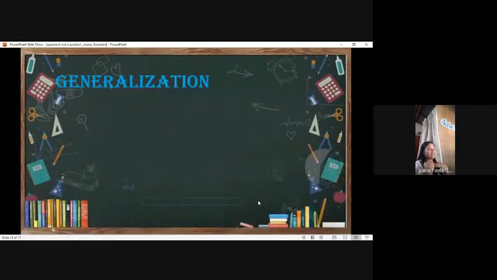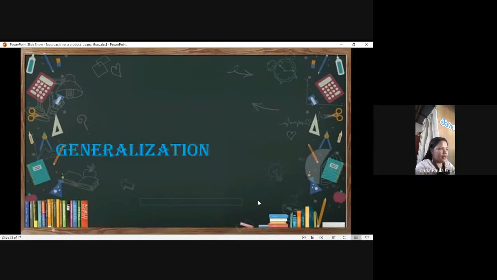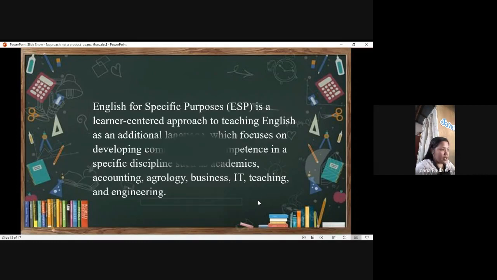Okay, let's go to the generalization. English for specific purposes is a learner-centered approach to teaching English as an individual subject, which focuses on developing communicative competence in a specific discipline such as academic, accounting, agriculture, business, IT, teaching, and engineering.